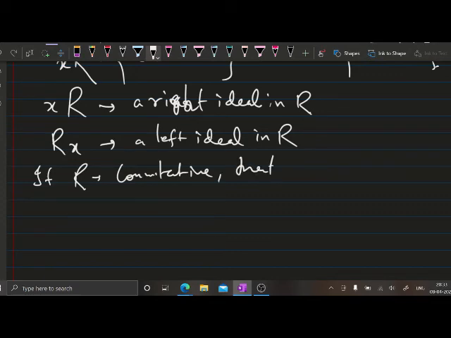And if R is commutative, then you see that these two are the same, xR equals Rx, right? So that means it is an ideal.